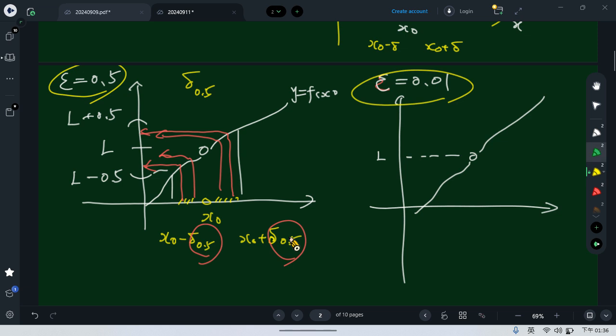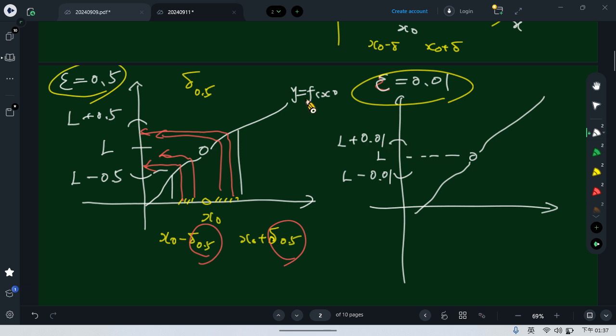So you can see the range will become small: L minus 0.01 and L plus 0.01. Compare here and also here, the range is much smaller than before.